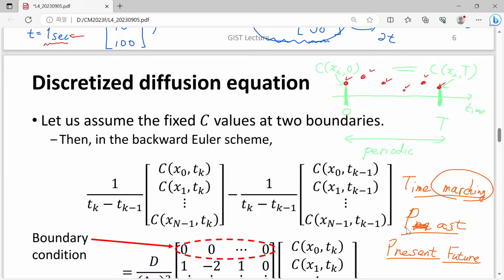That was a really good question. However, since we are talking about time marching, unfortunately that seemingly more accurate calculation cannot be done.